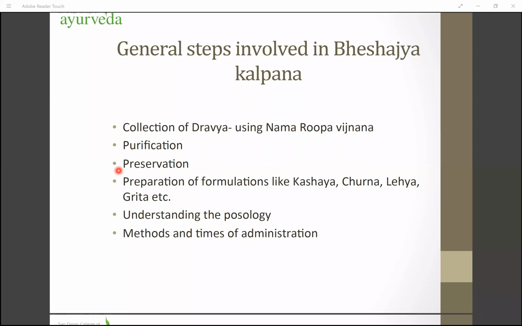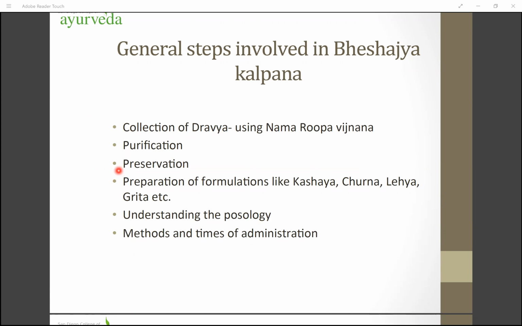For that, I can do two things. One, I can store the three phalas directly after I've dried them, the entire fruit the way it is. I can dry the triphala and then store them separately.